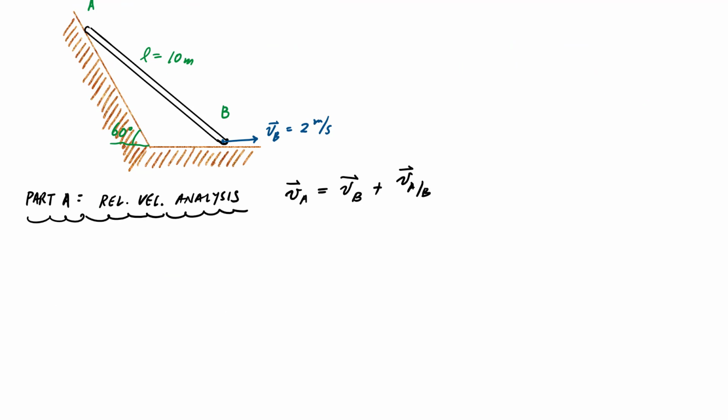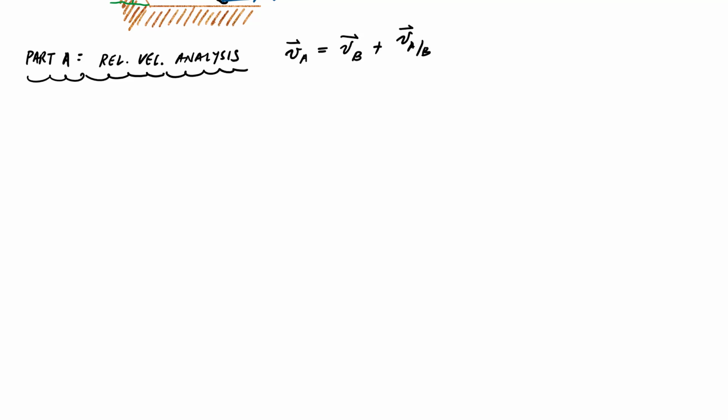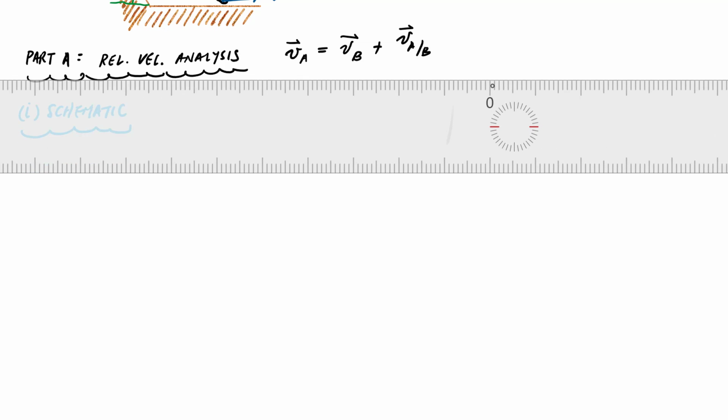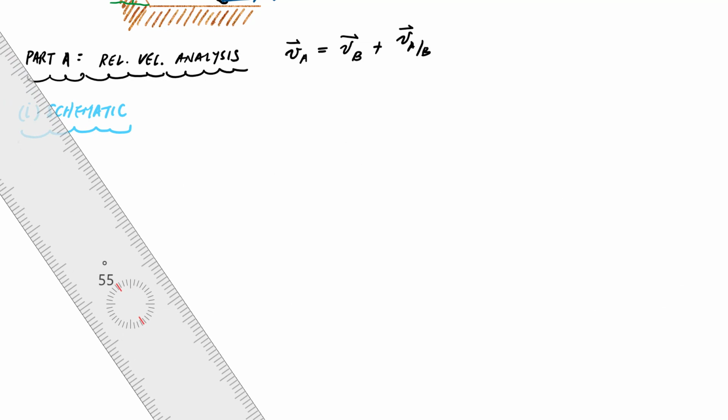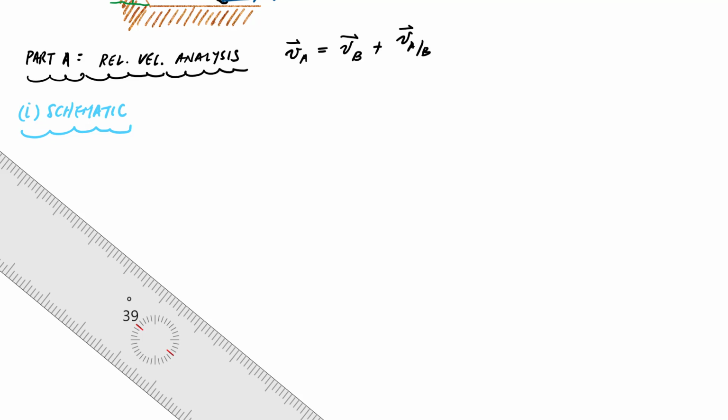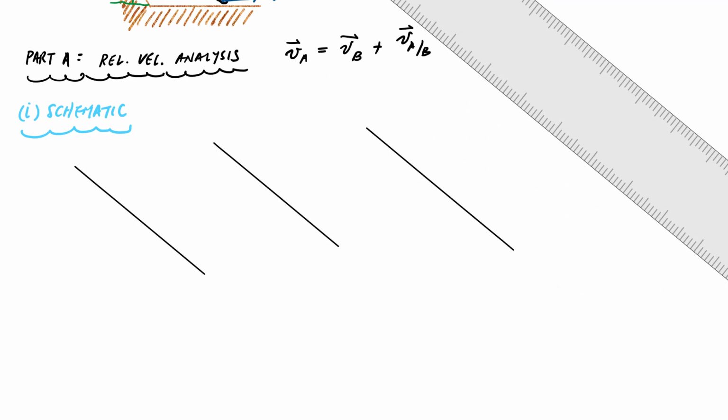We're going to have a schematic that reflects each part of the equation. The first thing I'm going to do is draw a schematic. I'm going to draw 3 sticks, essentially the ladder 3 times. This is end A, this is end B. The velocity of B, VB, is 2 meters per second to the right.